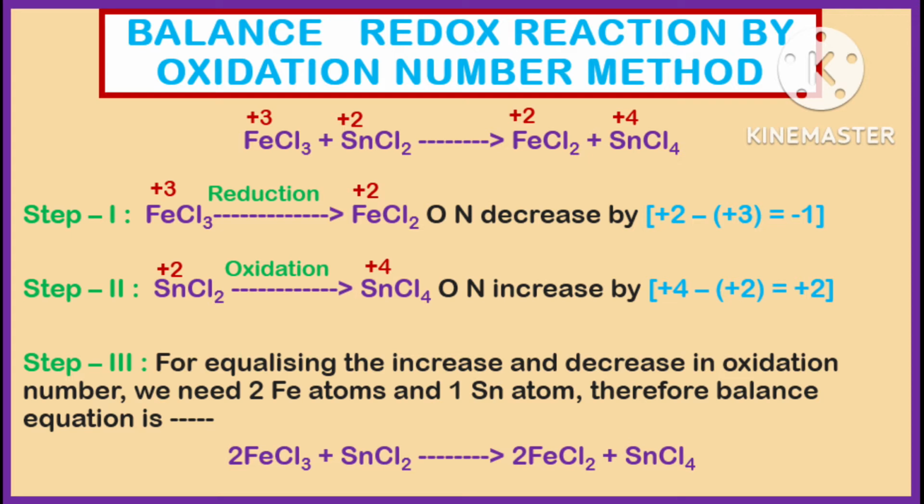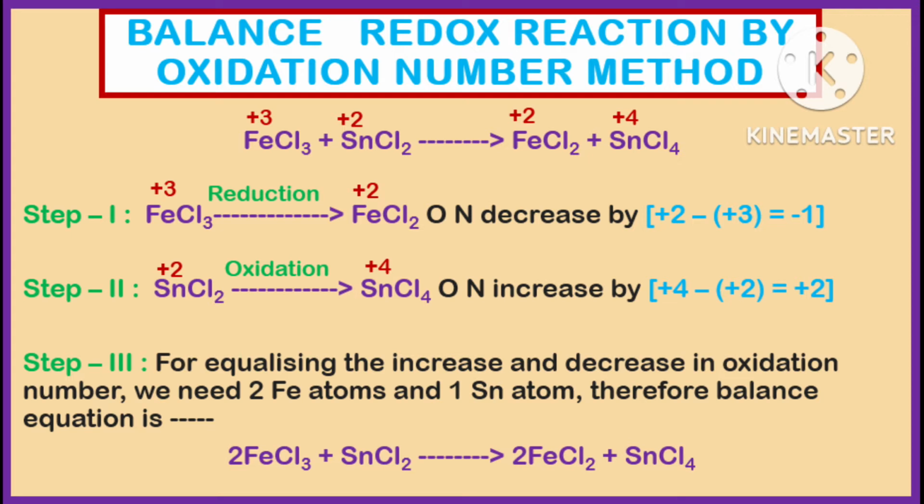And on the sulfur side, sulfur +4 is there. Then how much did it become? 12 plus 4, 16.